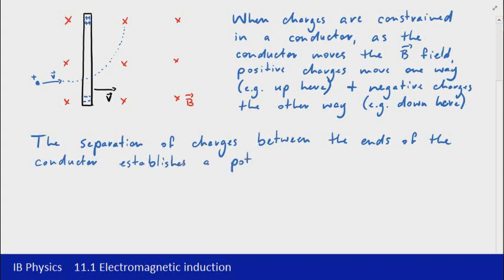So we have a potential difference between the two ends of the conductor, and we'll talk a little bit about what that potential difference is. So that's great that we've got a potential difference there, but what can we do with it? Well, if that conductor is now connected to something else, the easiest thing to identify here is a resistor.